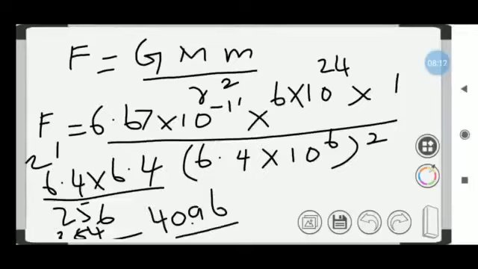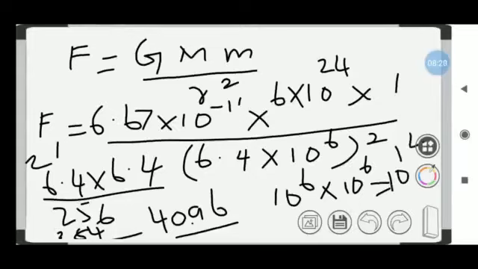So when you reduce, 6.4 square means 40.96, into 10 to the power 6 into 10 to the power 6, because 10 to the power 6 square, so 10 to the power 12 will come. So the bottom term if I reduce means 40.96 into 10 to the power 12. Okay, so just notice that.